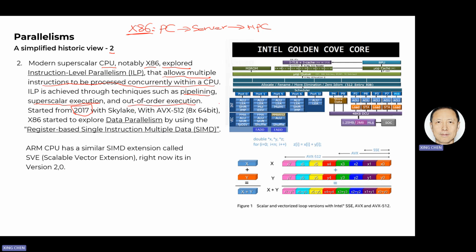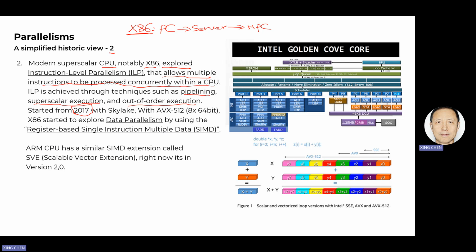Okay. This happened within roughly 2 decades. And if you remember, at that time, they explored this instruction level parallelism, and at the same time, they also increased the frequency of the CPU from megahertz to gigahertz, to a few gigahertz.